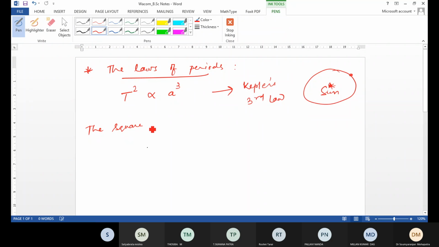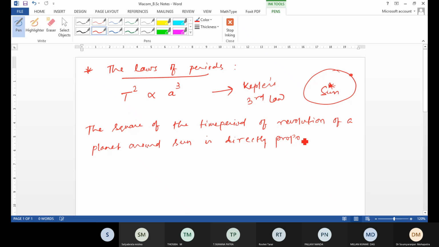The square of the time period of revolution of a planet around the sun is directly proportional to the cube of the semi-major axis, that is denoted as A, of the ellipse.